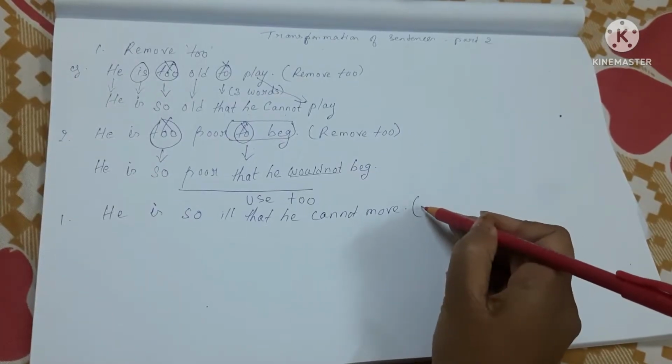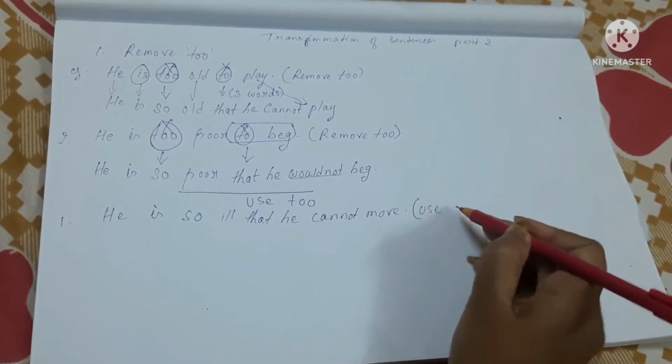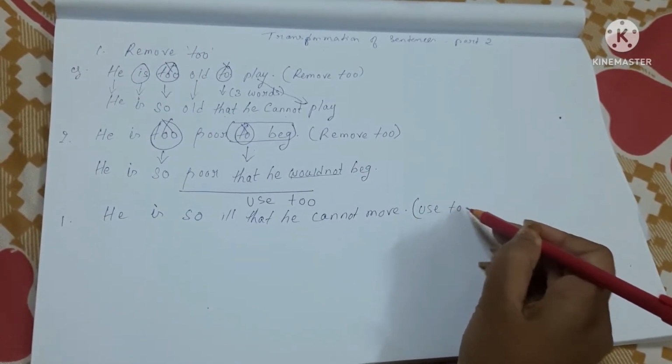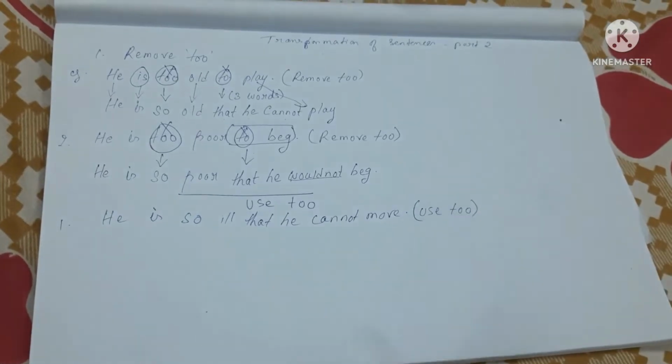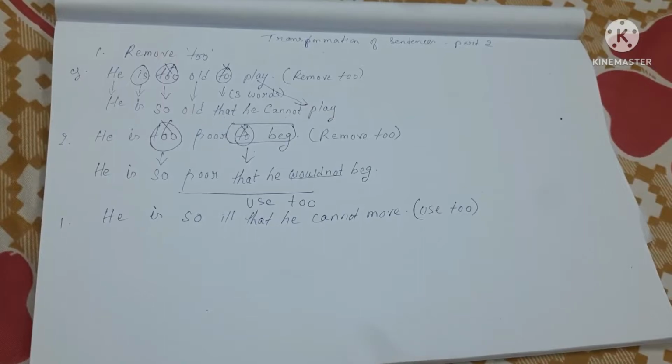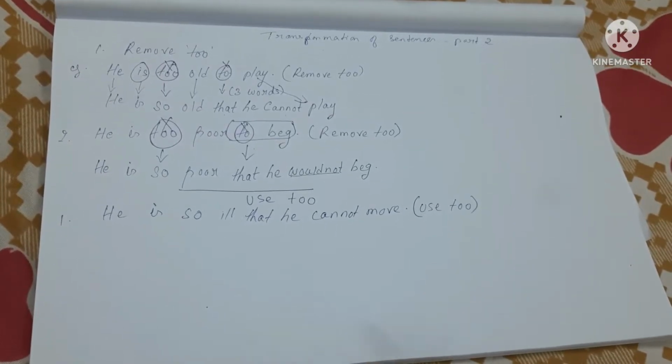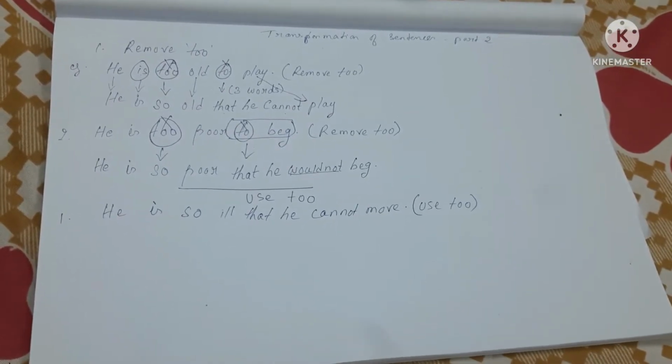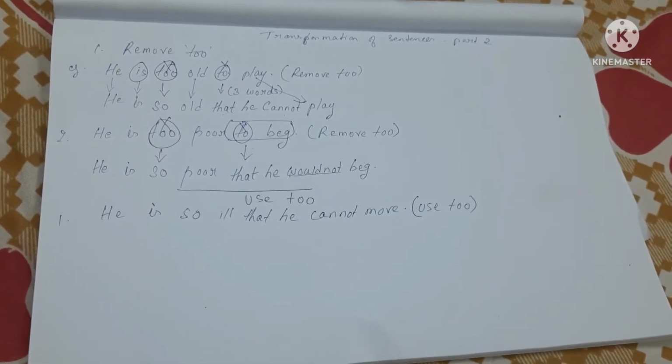The instruction given: use too. So now we are no longer going to remove too, we are going to use too. It's just the vice versa of what we have done in example number 1.